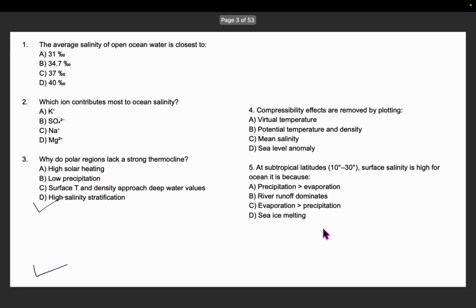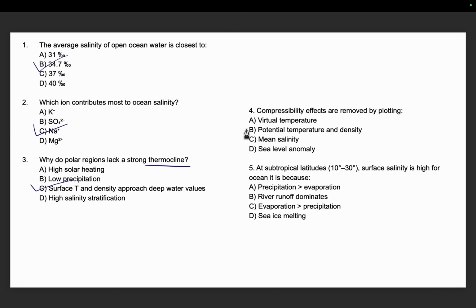So question 4, option B is correct: potential temperature and potential density.